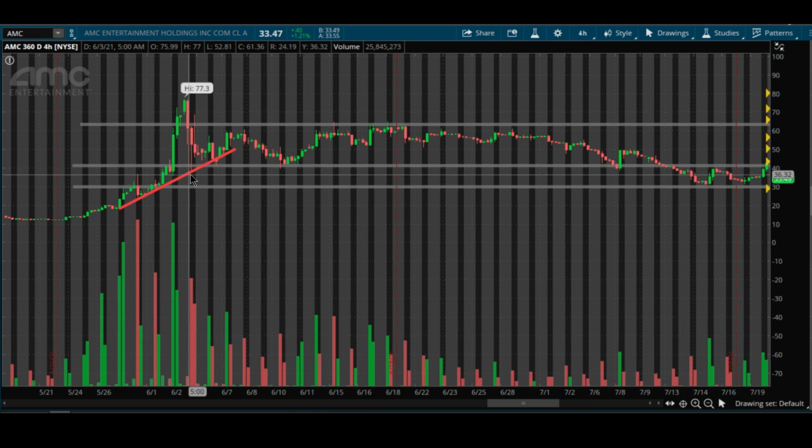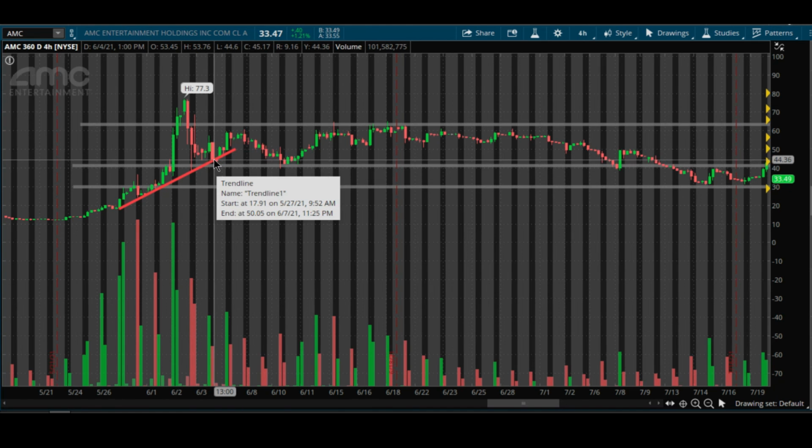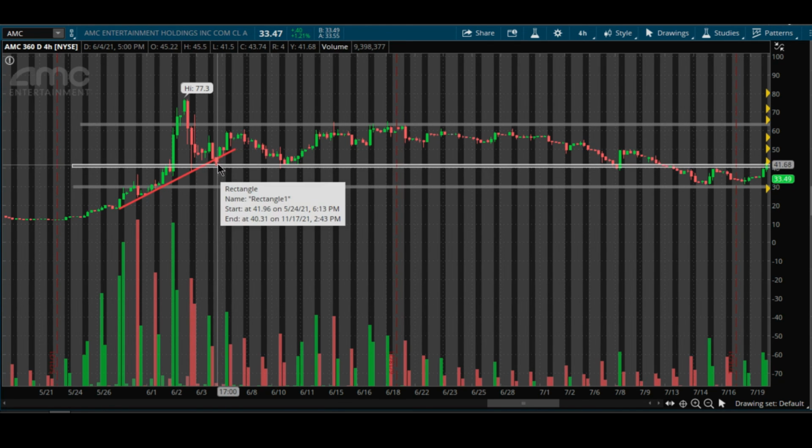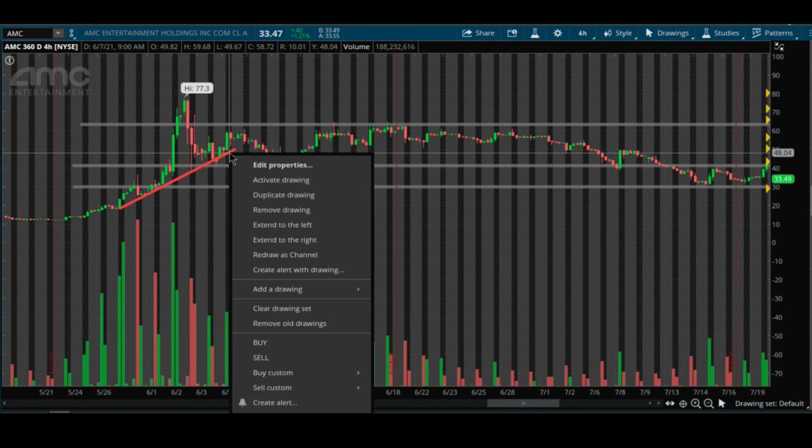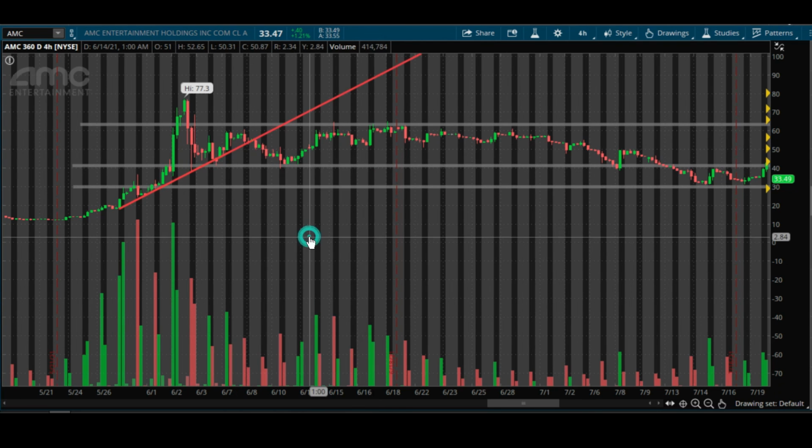It touches this upward slope line, comes back up, but then ultimately retests that line again and then breaks through, but then bounces back up, right? So if I was just to extend this to the right, this is what the trend line should be.